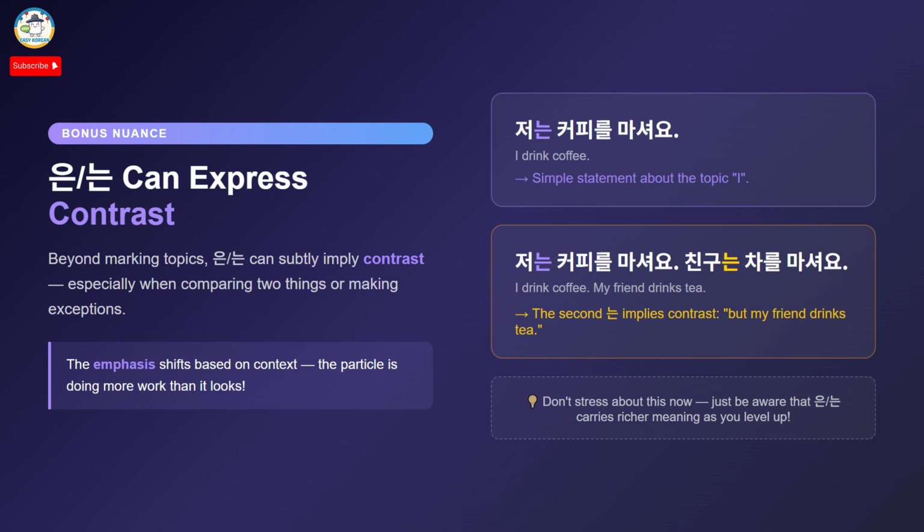But when you follow it with 친구는 차를 마셔요, my friend drinks tea, that second 는 subtly implies a contrast. It's as if you're saying, I drink coffee, but my friend drinks tea. The particle creates that implied but without you ever saying the word.